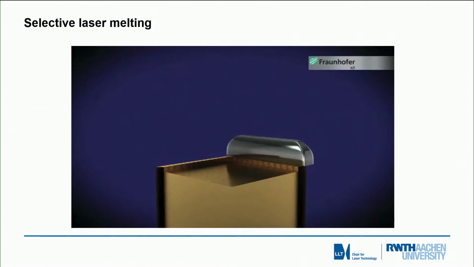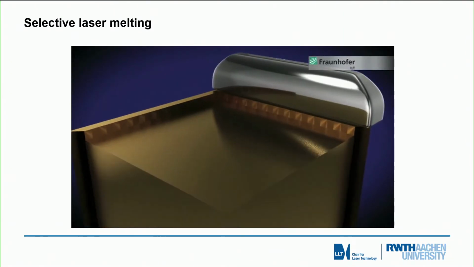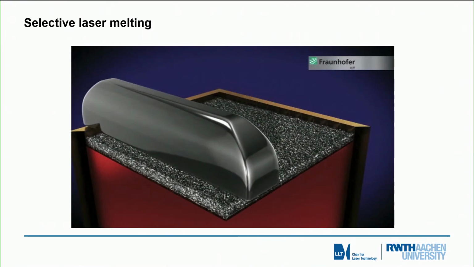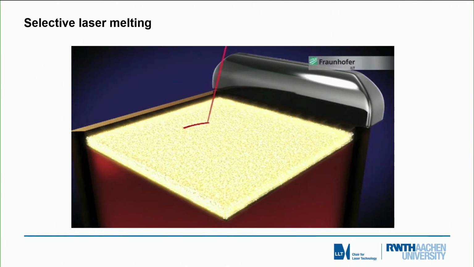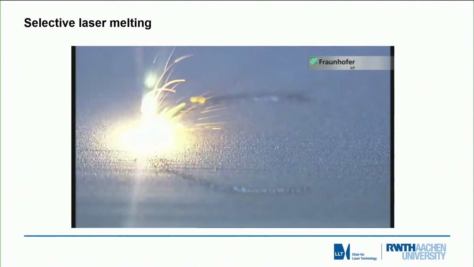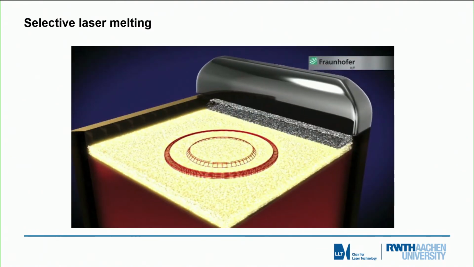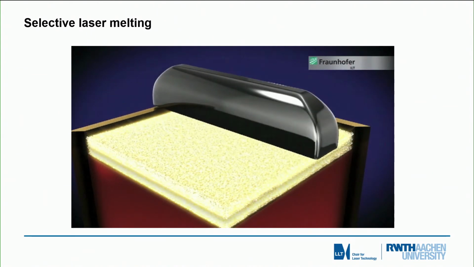To illustrate the process, I show a video in which you can see the process in more detail. This is the deposition of a powder layer. Then it's flattened, and then the laser scribes the information into the surface, melts the material where the part shall be generated.